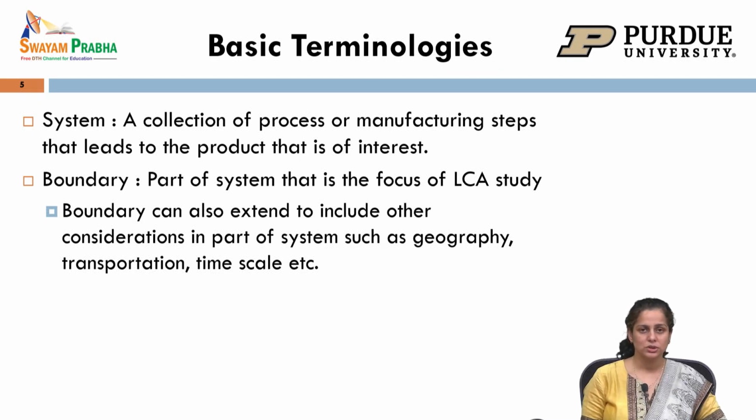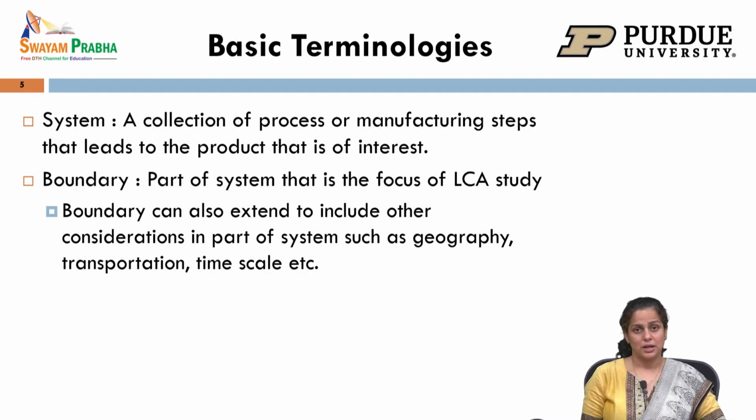And when you want to study the geographical variations as well, that may come as part of your system boundary. Transportation is another aspect. Sometimes we might want to include transportation, sometimes we do not, if we are only focused on the inclusion of main system components.